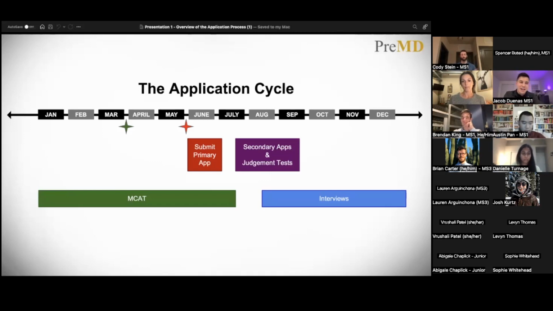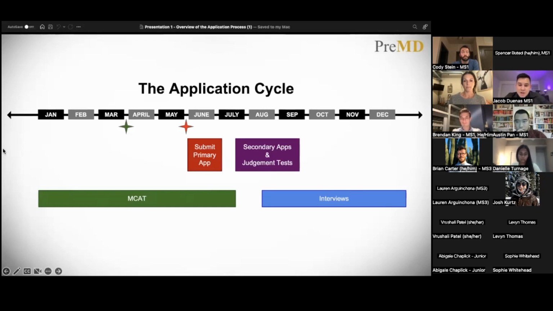They're tests that deal with moral or ethical questions. They're a little tricky, but they're a lot different than the MCAT. They're nothing really like the MCAT, so it's just something to be aware of. Something to look into when you're making your schools list is that some schools require them, a lot of them don't, but it's always good to know so you are keeping up with these deadlines.